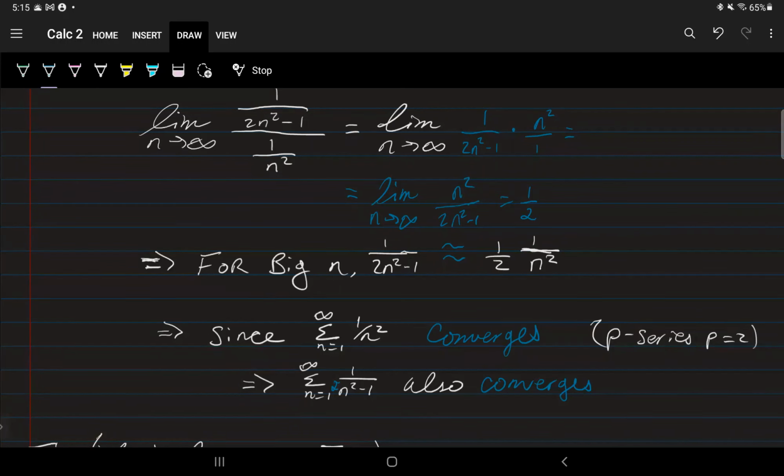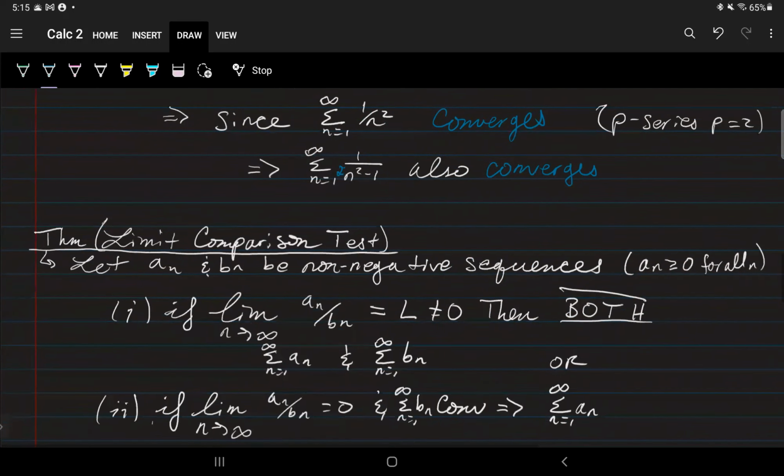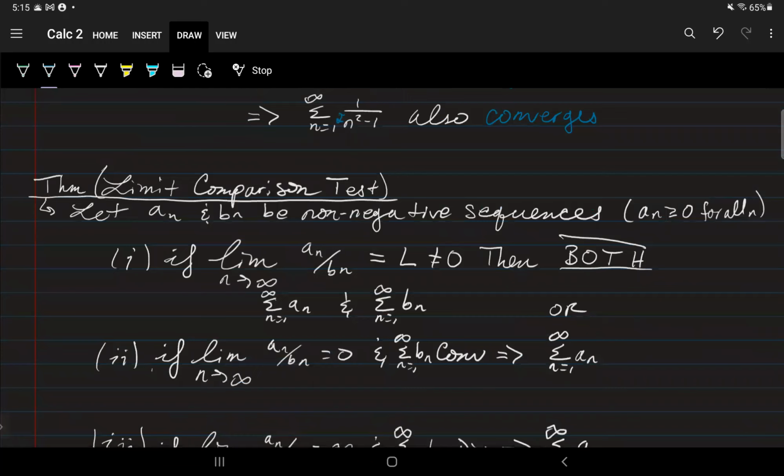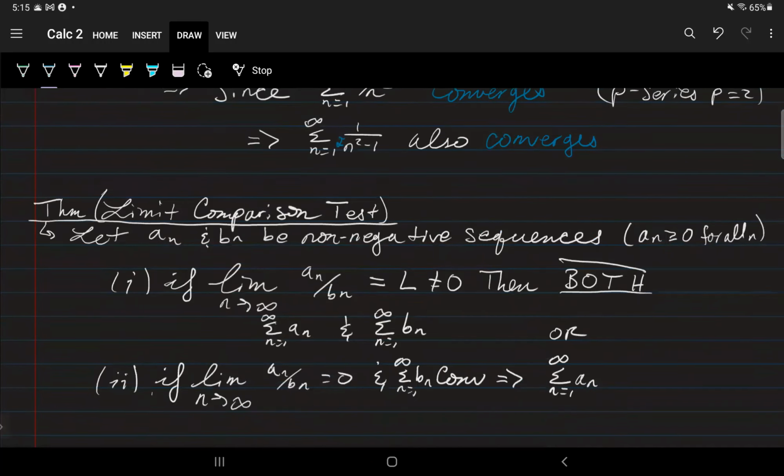So let me just go ahead and state the limit comparison test. So we need that a_n and b_n are two non-negative sequences, okay? So that means that each term a_n and also b_n is bigger than or equal to 0 for every n in the sequence.